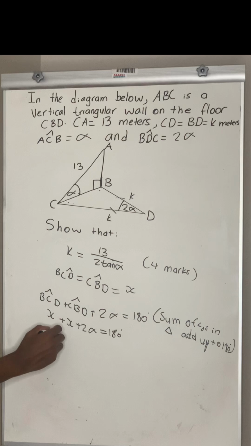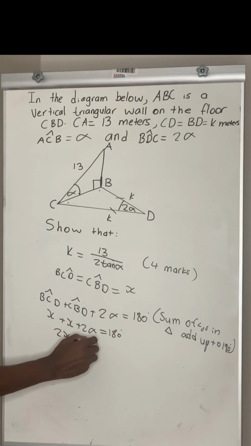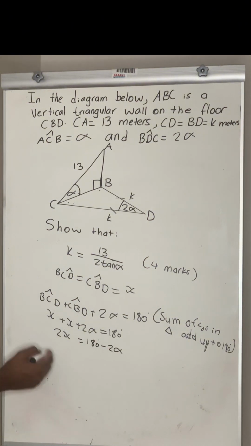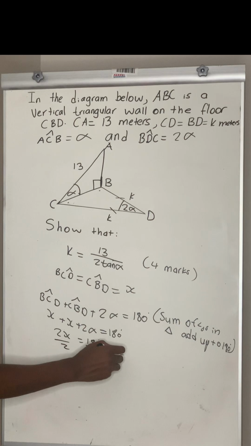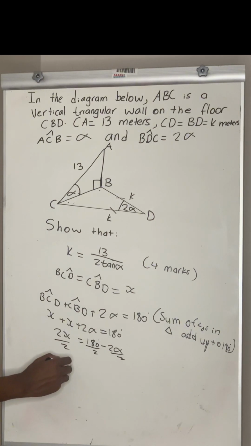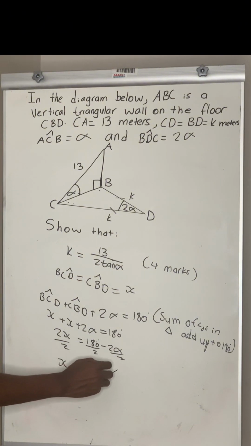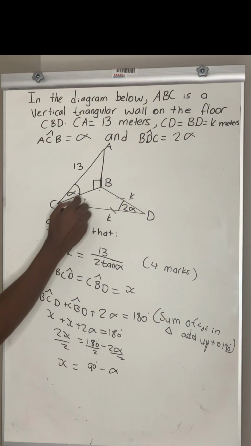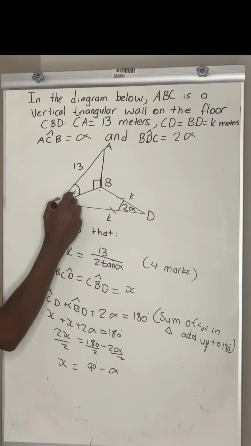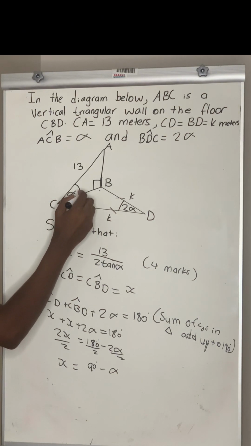That is 2x is equal to 180 minus 2 alpha. Let's divide everything by 2. x is equal to 180 divided by 2, that is 90, and 2 alpha divided by 2 is alpha. So both these angles are 90 minus alpha.